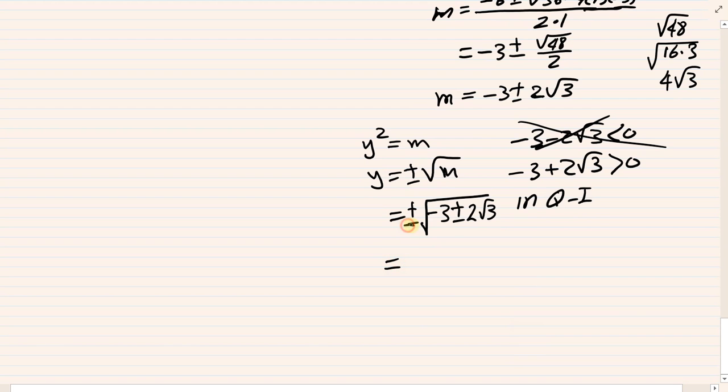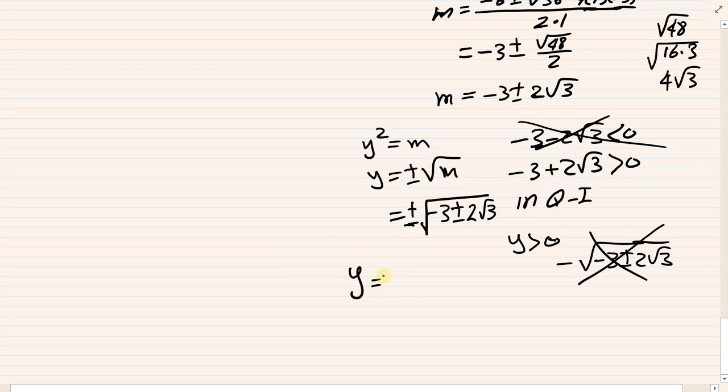Again, the negative is out because y must be positive, so the negative root is going to be out because that's going to be negative, right? We need y to be positive. So we're going to accept y is going to equal the square root of negative 3, no, we have plus or minus 2 root 3. We need to resolve that also.